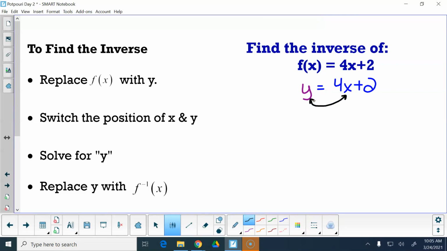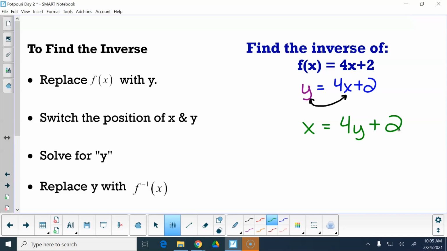Wherever there's a y, you rewrite it as x. Wherever there's an x, you rewrite it as y. So in this particular case, it would become x equals 4y plus 2. You just flip-flop the position.